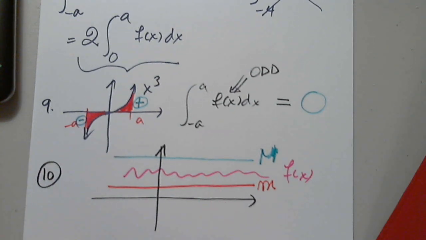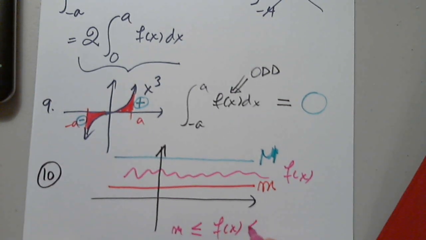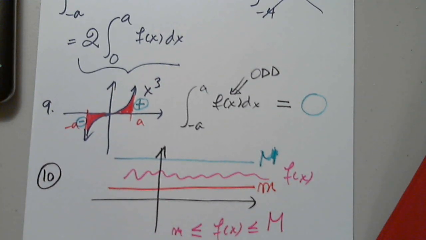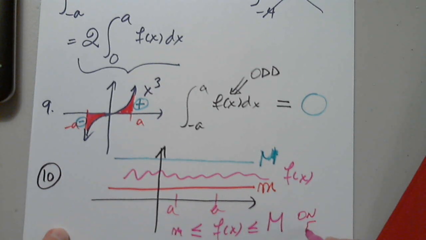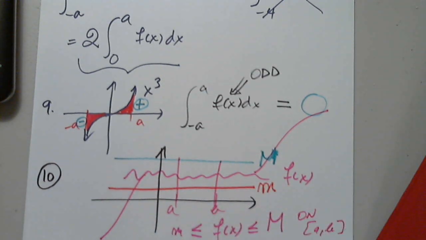From my graph, it's very clear that m is less than or equal to f of x, less than or equal to M, uppercase M, from a to b, of course, on [a, b]. Here it can go up or down, I don't care. I only care about what happens between a and b.